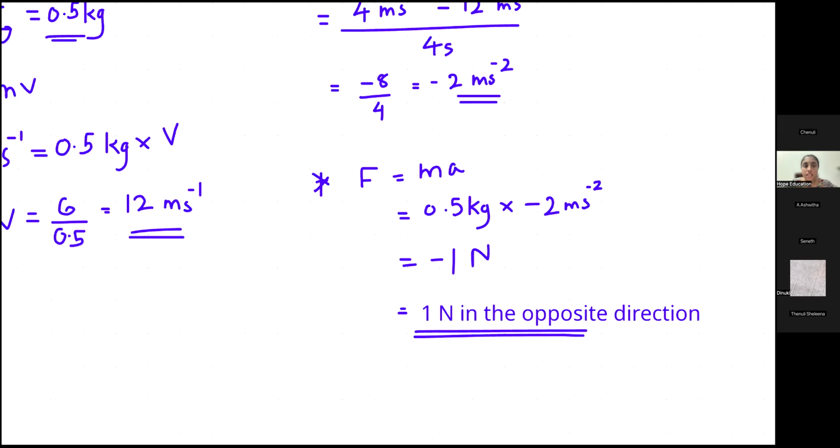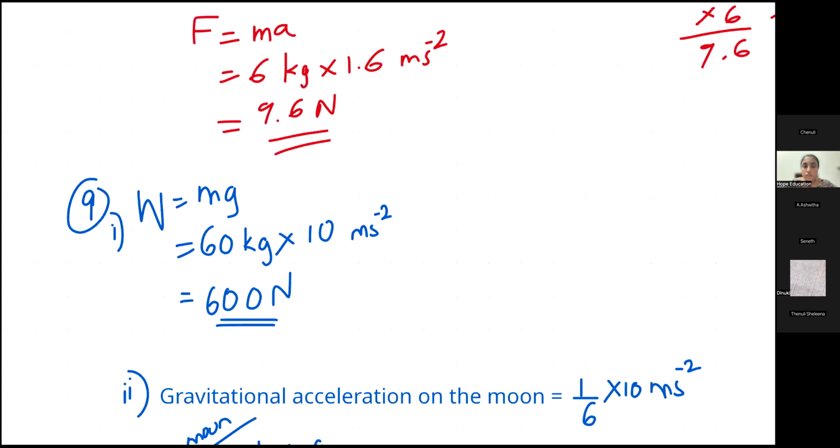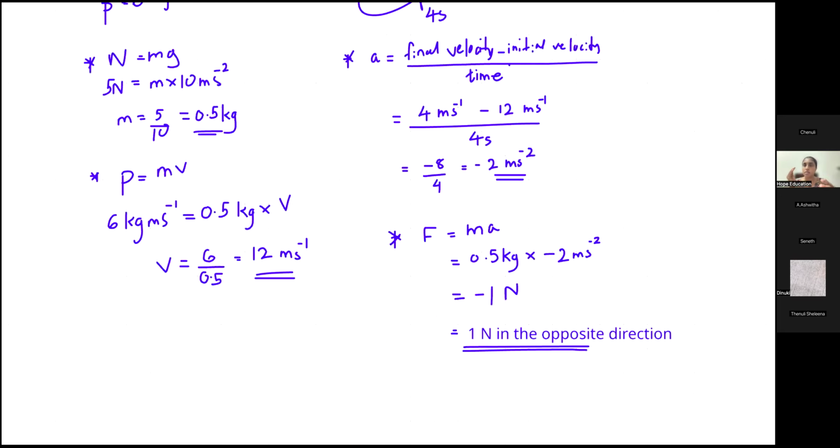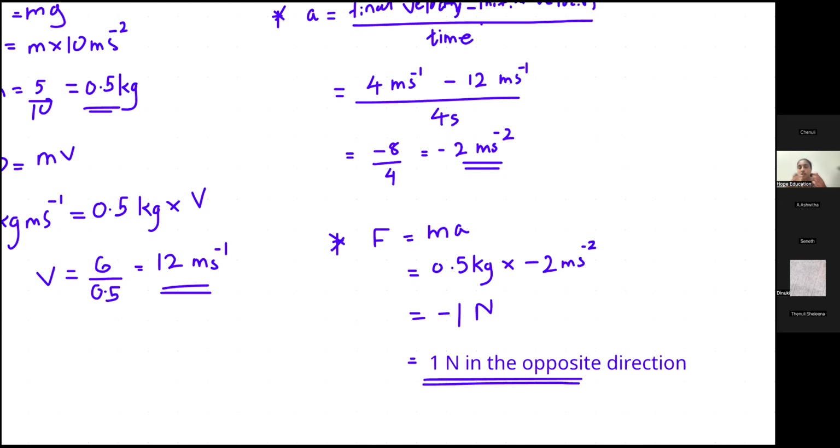The question says due to a force applied in the opposite direction, so our answer is correct. We got minus 1 newtons, so we write it as 1 newton in the opposite direction.